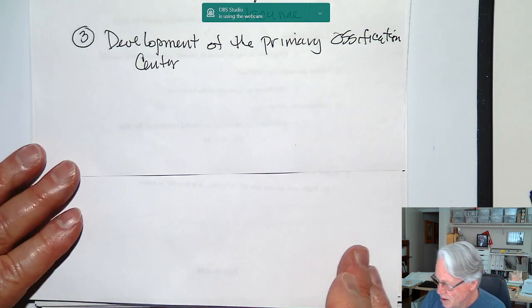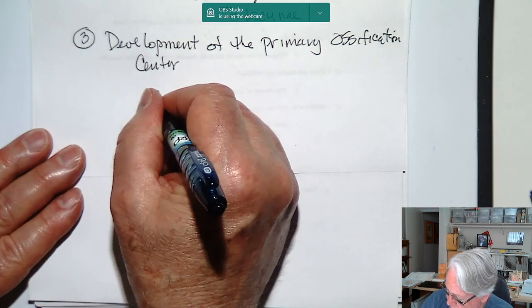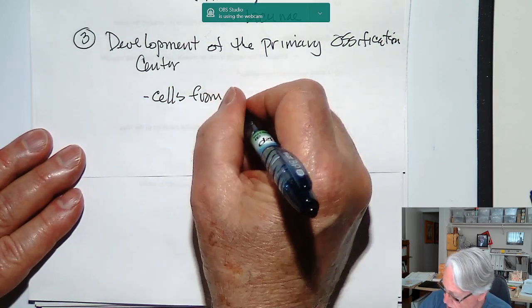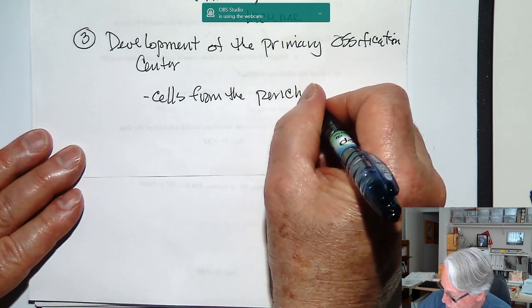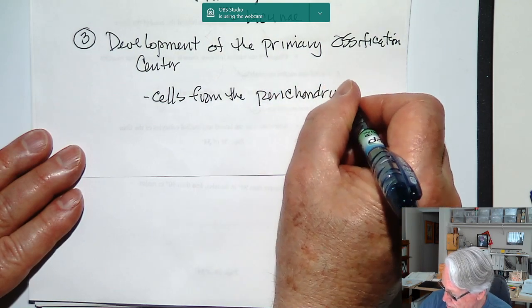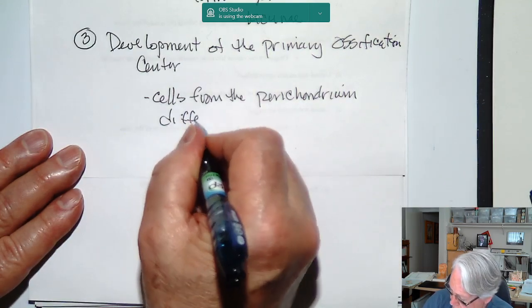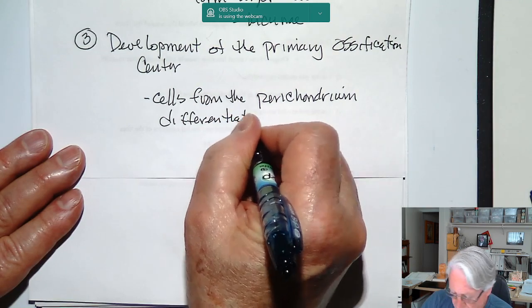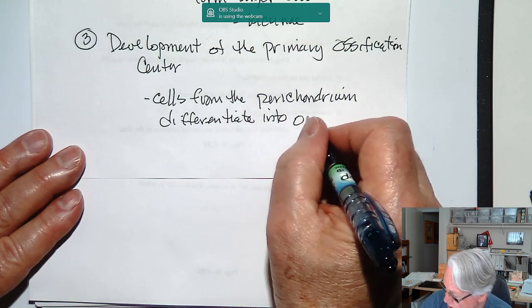Okay. So development of the primary ossification center. Cells from the perichondrium differentiate into osteoblasts.